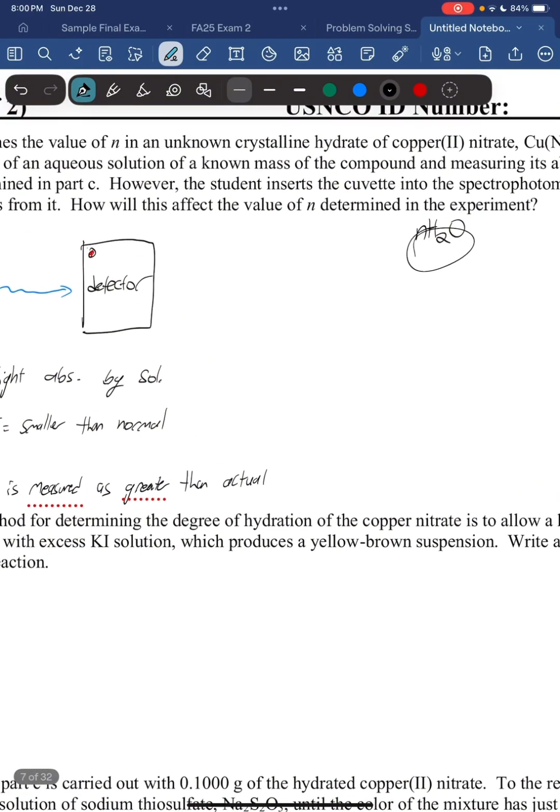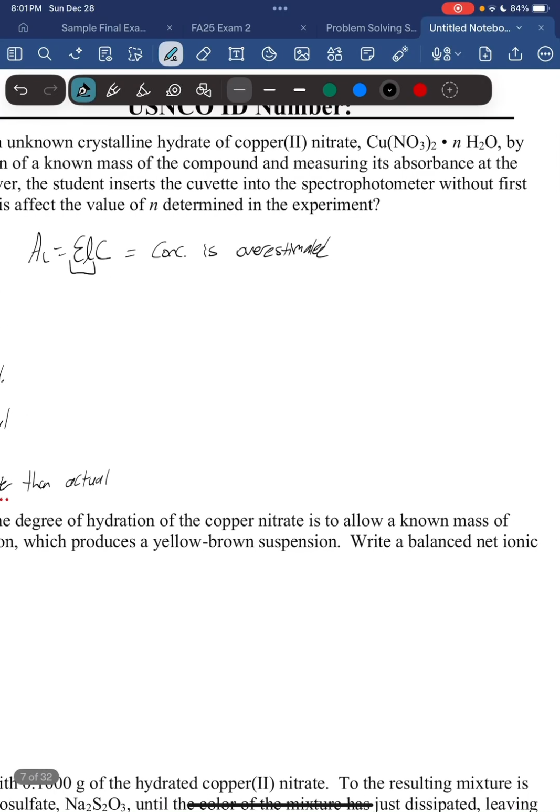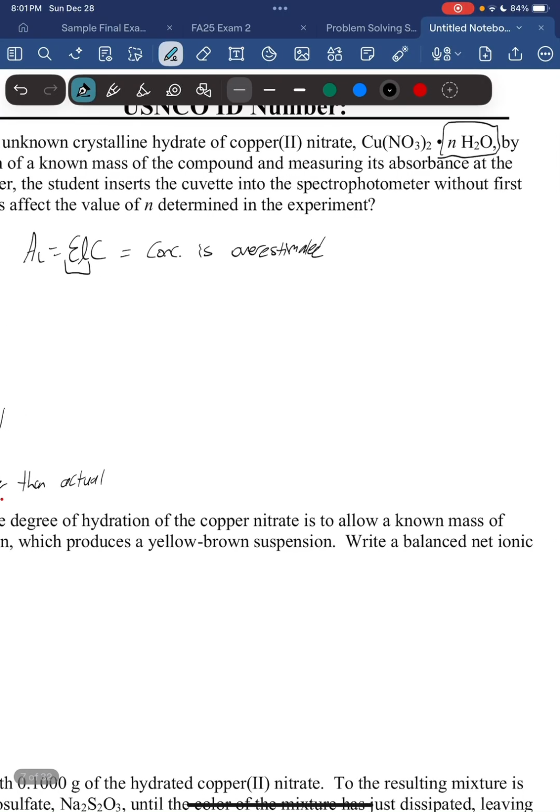Well, we know that our absorbance is higher than normal, so we can write it as A with the subscript L. So we can set this equal to our epsilon path length times our concentration. So these two will stay constant. So it means that to make this absorbance value larger, our concentration must have been measured as being higher than normal. So we can say concentration is overestimated. So keep this in mind. So how do we relate this to determine how our N of H2O is affected?